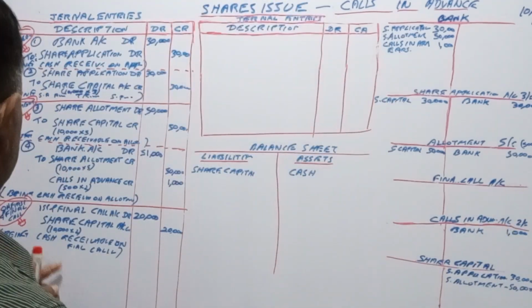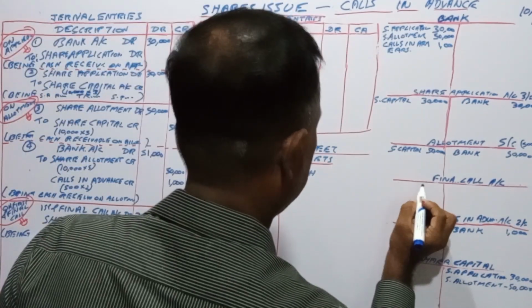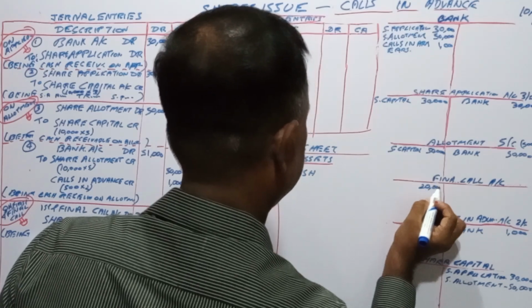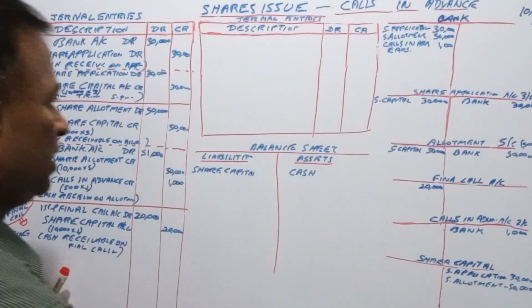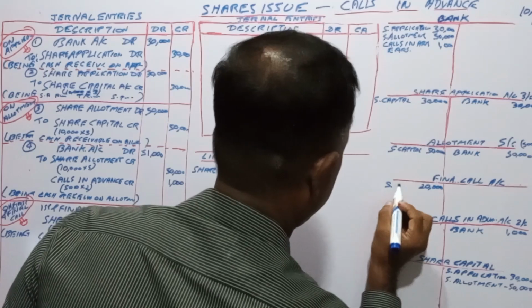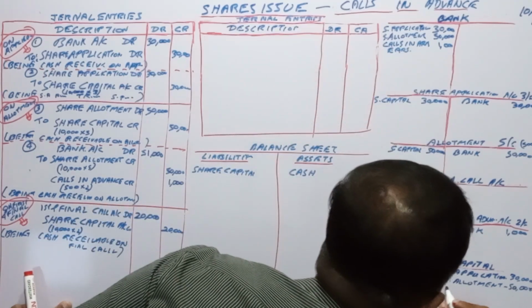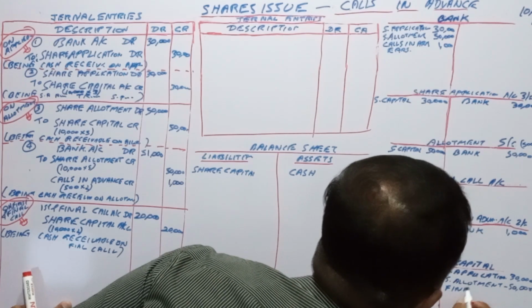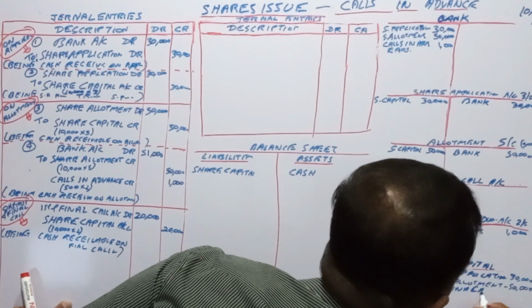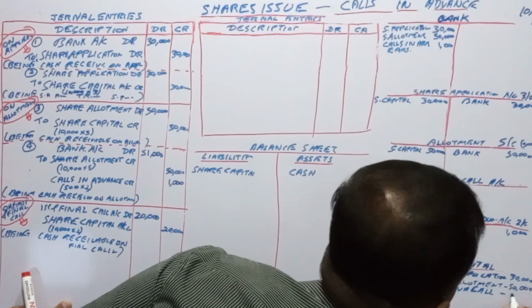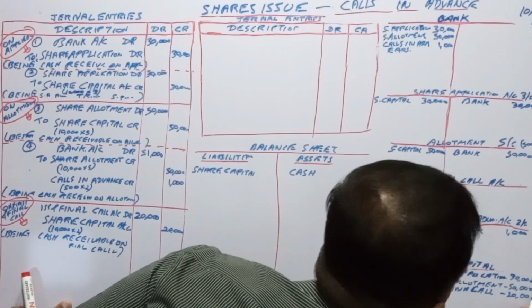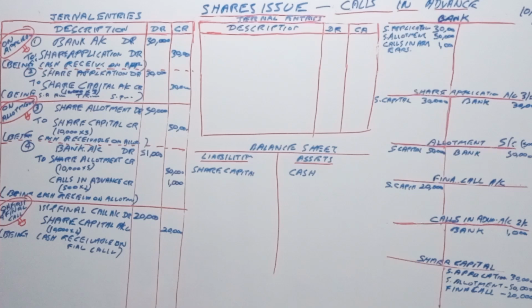Final call account debit 20,000, saying share capital account, final call. How much? 20,000. 20,000 is the final call.